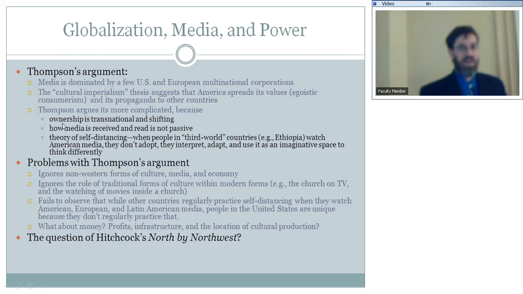So that's Thompson's argument that cultural imperialism should be rethought. He also argues that the way media is received and read is not passive. It's not like people just watch American television, like that show everybody watches, Star Power, all those shows where you discover the next talent, America's Got Talent, American Idol, Dancing with the Stars.